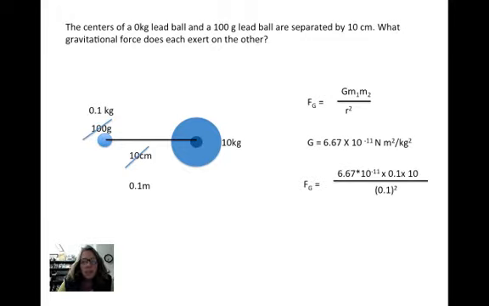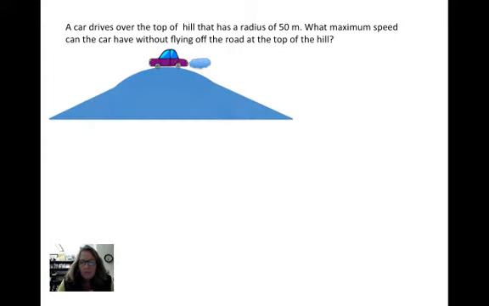I put these values in and do the calculation, and the force of gravity on these two is very, very small, 6.67 times 10 to the minus 9, oh no, newtons. It's going to be that many newtons.